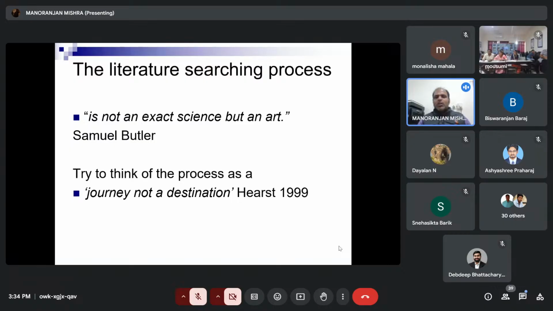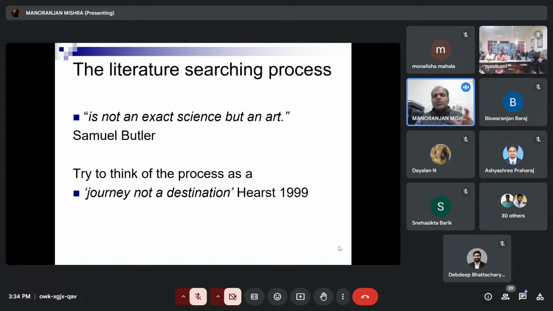That is why this is not a science but an art. But you have to think of the same search query used for the same time period, and the databases should be the same. If they are different, you have a problem while searching.